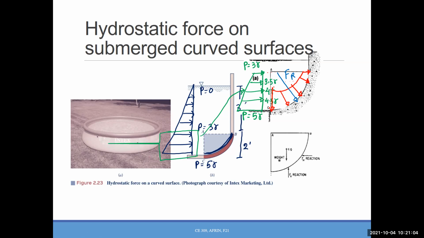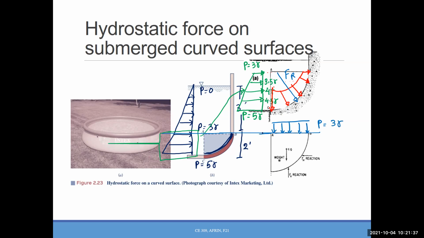So that's what we will do here, just in the opposite way. We will find the horizontal and vertical components, and then we will calculate the actual or resultant force. Okay. So since this is the horizontal surface, can you tell me what will be the magnitude of pressure at this point? 3 gamma, right?